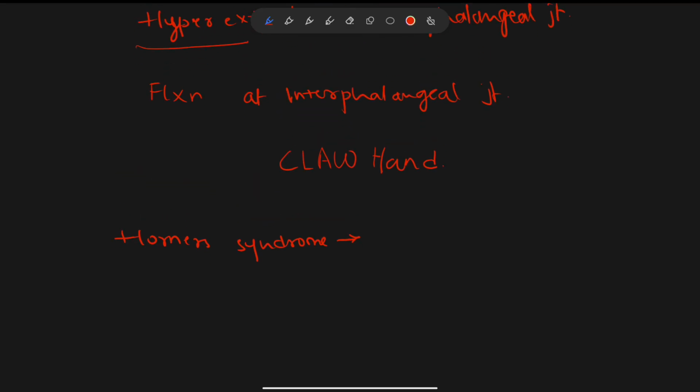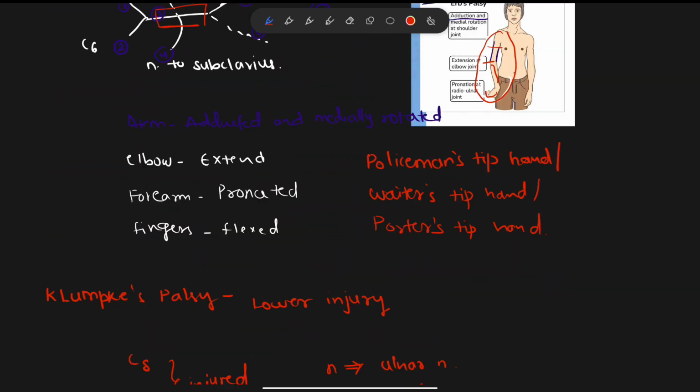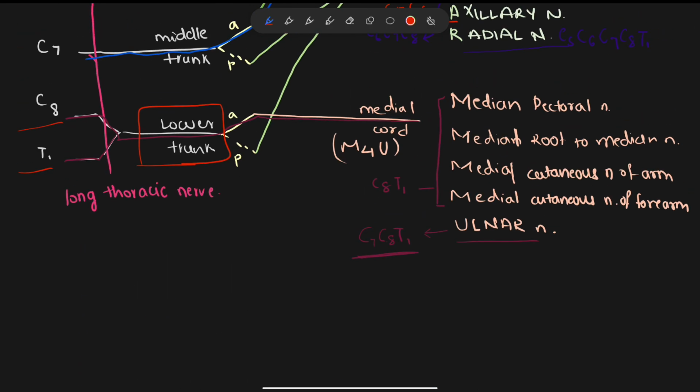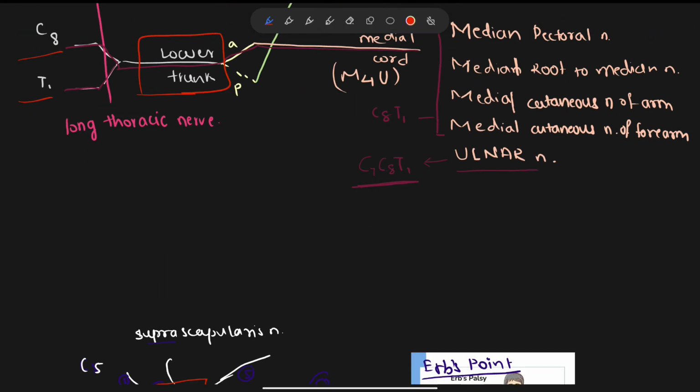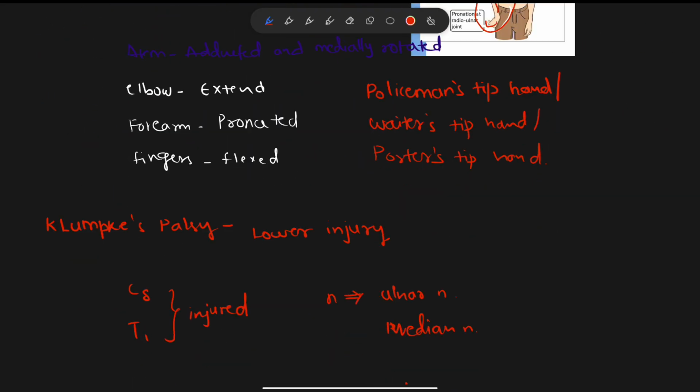If a patient comes to me and only has Horner syndrome, how will we say? In Horner syndrome, T1 is involved. In this, T1 is involved. If it is there, it will have the features.